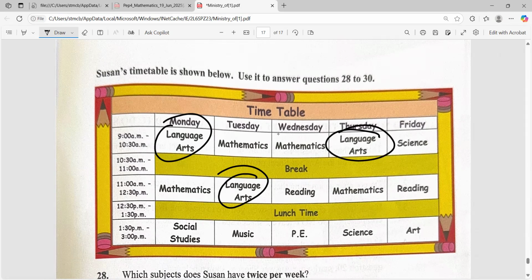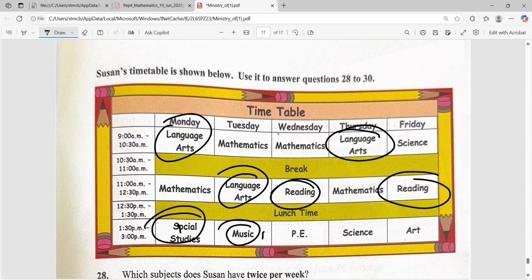Mathematics, no, 3 times per week. Social studies is 1 time for the entire week, so we don't need social studies. Music is 1 time. Reading is 1 time, 2 times.